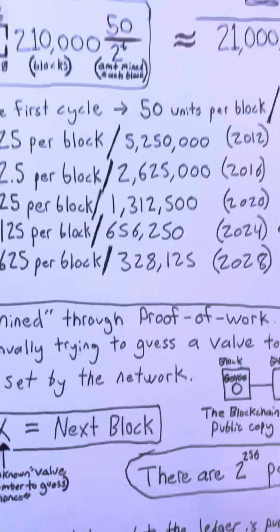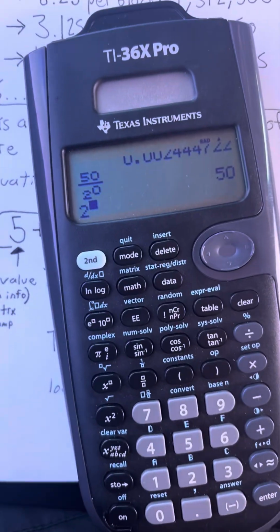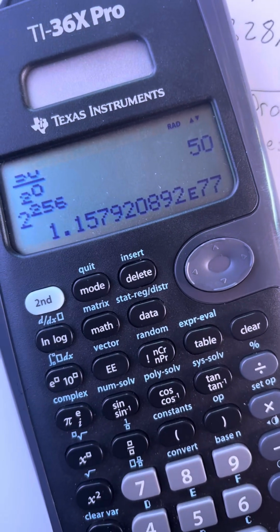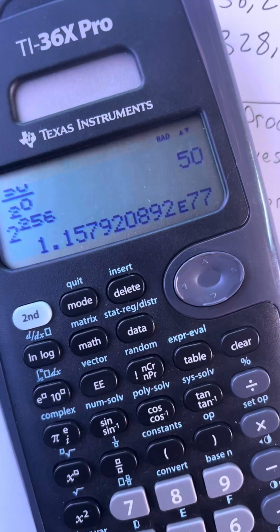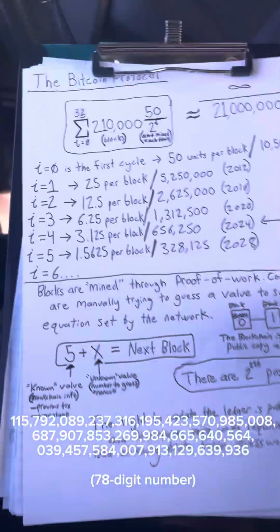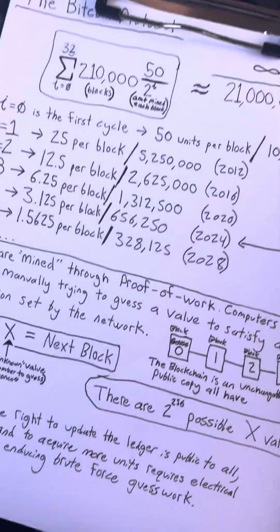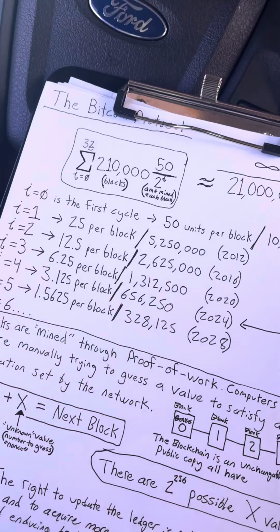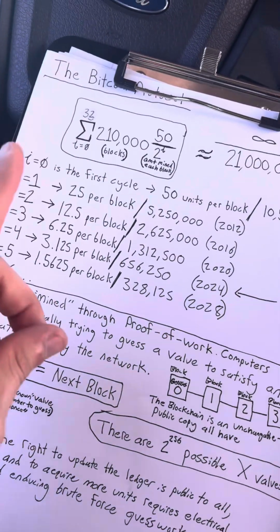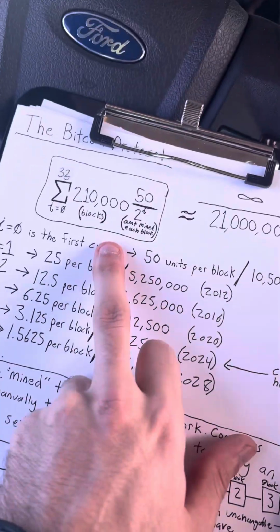So, okay, since we have a calculator here, what is that? 2 to the power of 256. I'll leave that up to you to figure out what that E77 means, but it's big. There's a lot of choices, and you don't have an advantage. The biggest farm doesn't have an advantage over that guy at home, because ultimately it is one chip solving that block, and it is destined and pinned to this equation right here.